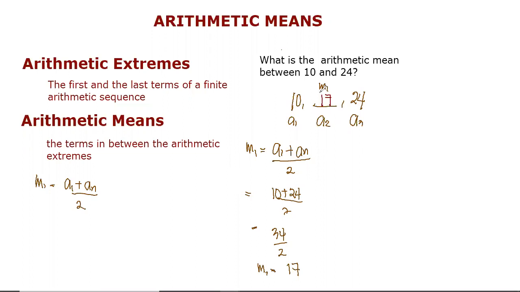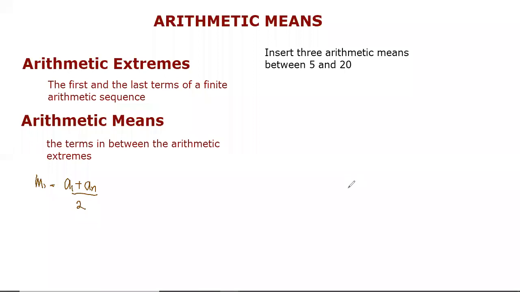Okay, nakukuha po. So let's try another example. Insert 3 arithmetic means between 5 and 20.